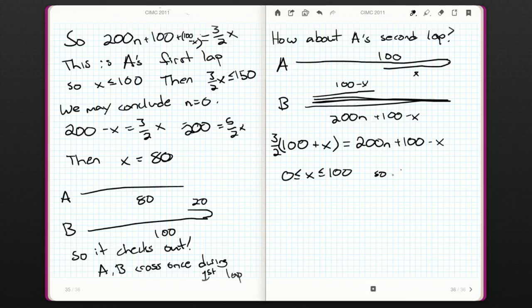So, we'd have 150, so this distance lies between 150 and 300. Okay, so it's looking like we might get an n equals 0 out of there, but we'll probably get an n equals 1. Certainly, we can't have n equals 2.